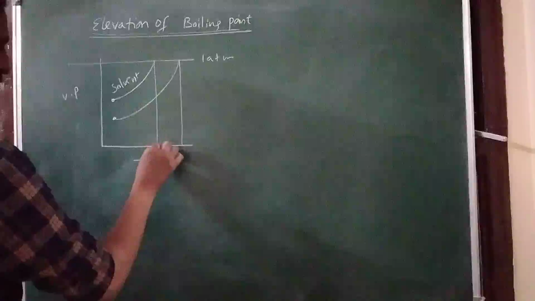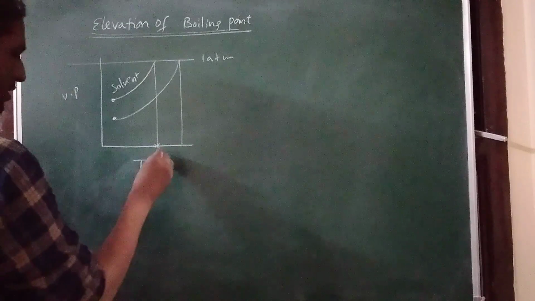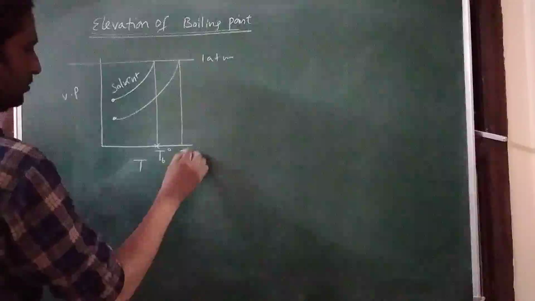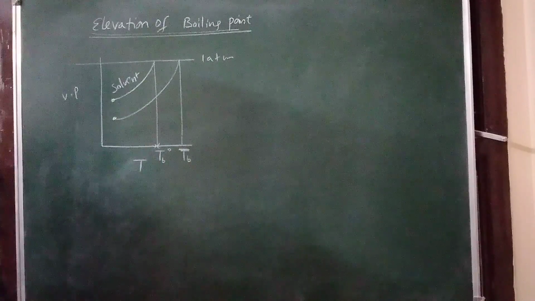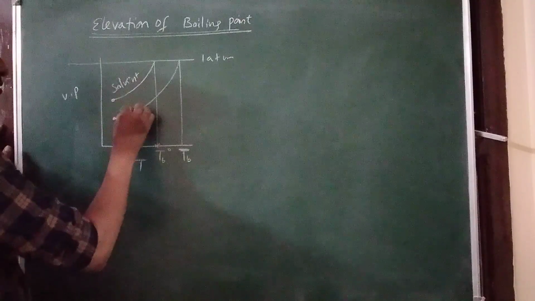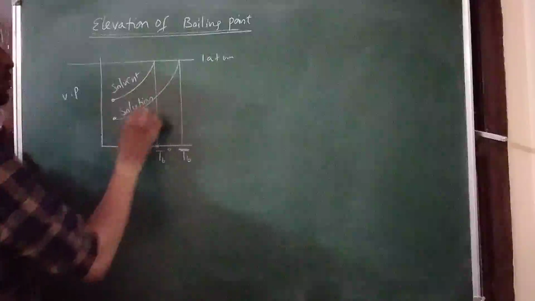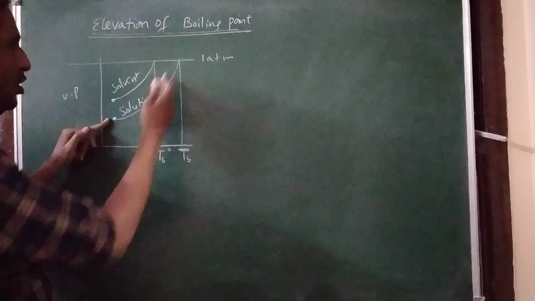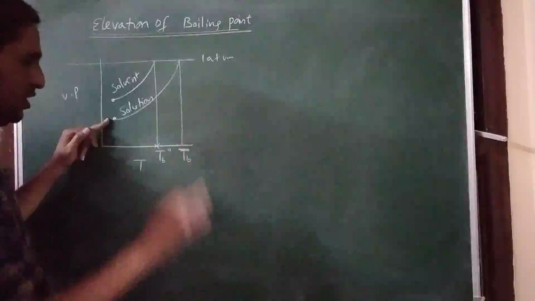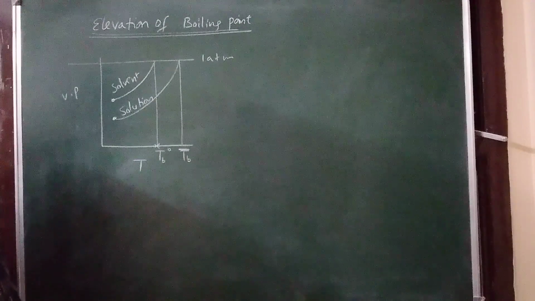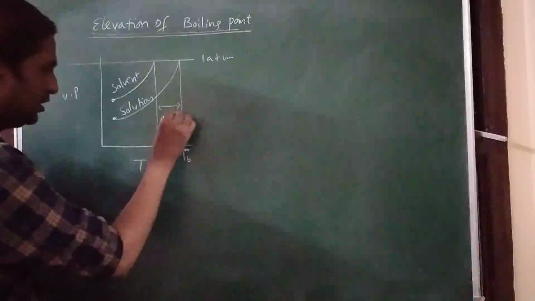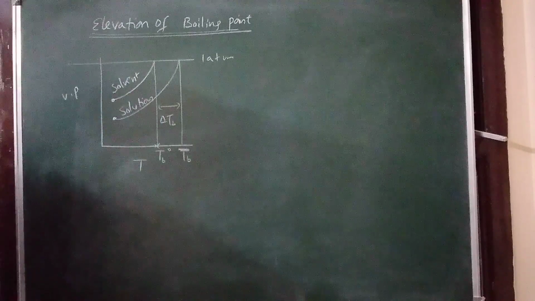Then this one is TB naught and this one is TB. Because the solution vapor pressure is less, and less vapor pressure means higher boiling point, TB is always greater than TB naught. And this difference is nothing but delta TB, the elevation of boiling point.